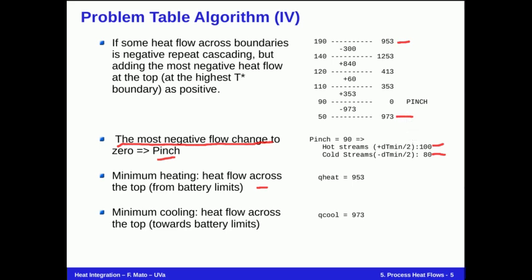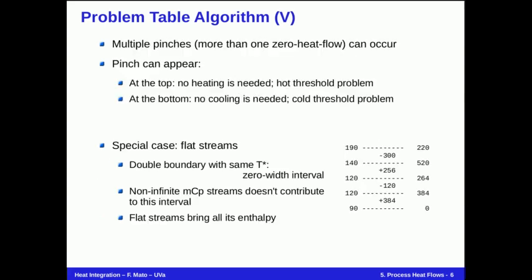These are the minimum heating and cooling. It cannot work with less than that. And here the problem table algorithm is finished. Without drawing, just calculating, we have the minimum heating, the minimum cooling, and the location of the pinch or pinches.